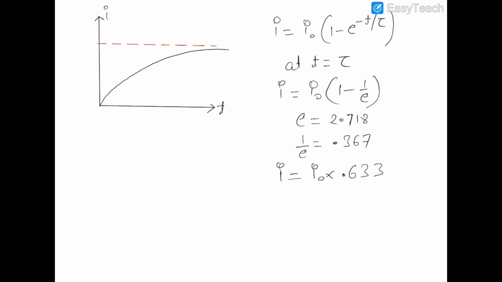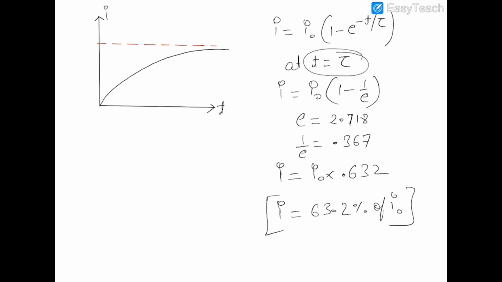Okay, so in fact 0.632. So we can say that I is equal to 63.2% of I naught, which means that the time constant is that time in which the current increases to 63.2% of its peak value.